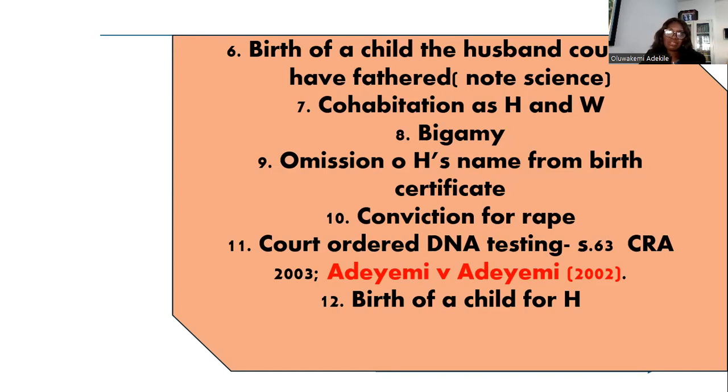Then where there is bigamy, we know, for instance, that statutory marriage is a monogamous marriage. It does not accommodate the celebration of another marriage while that marriage is subsisting. So if a man were to go and purportedly marry another woman, whether under customary law, under statute, under Islamic law, or any other kind of law, when he is legally married under the Marriage Act of Nigeria, that is bigamy.